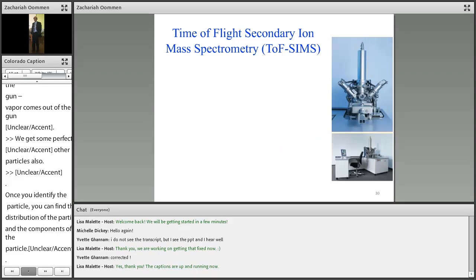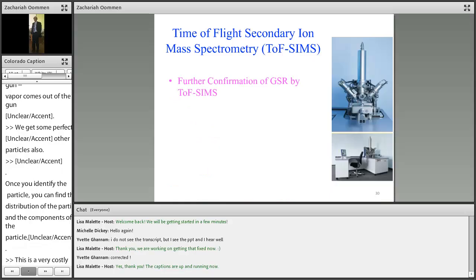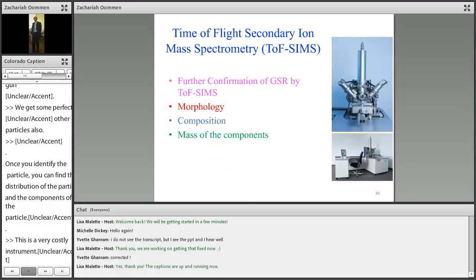Here is the instrument. Actually, we don't have the instrument, as it is a very costly instrument. I did this in collaboration with the Department of Chemistry at the Georgia Institute of Technology, Atlanta. And here we study the morphology, composition, and also the mass of the components.